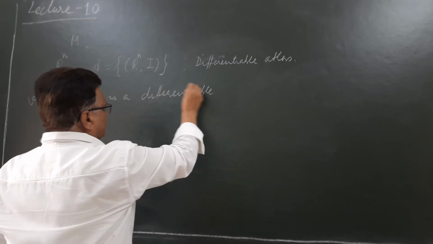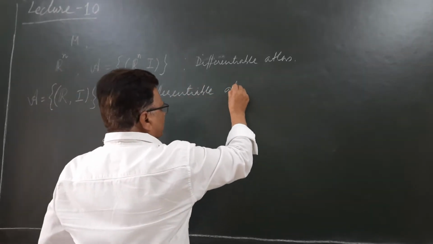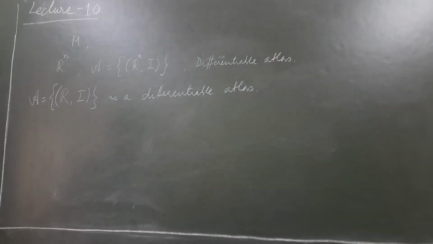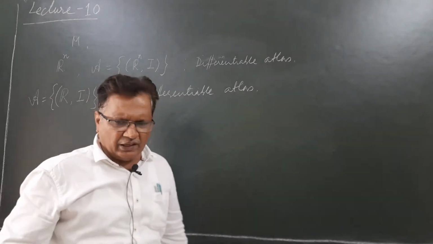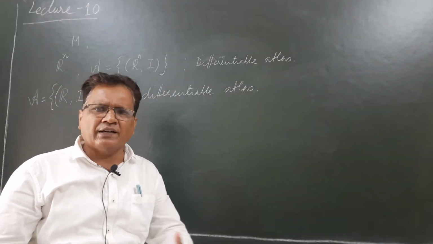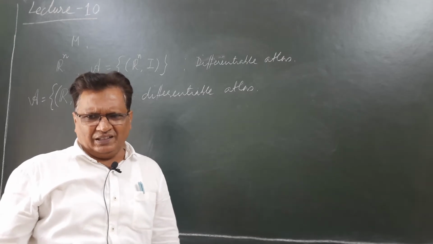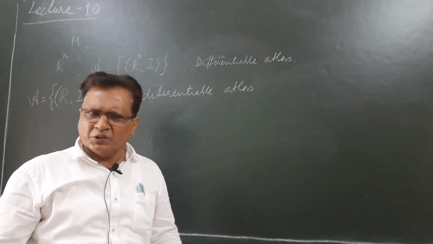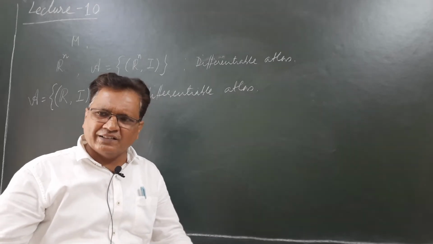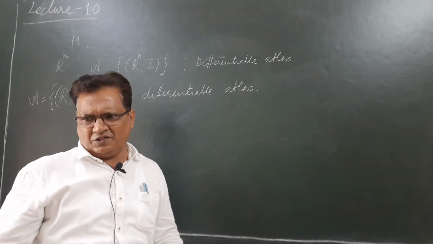It is a differentiable atlas. Okay, so one thing more I was telling you is that there may be more than one atlas on a manifold. It depends on the homeomorphism. You go on changing the homeomorphism, you go on getting different atlases.